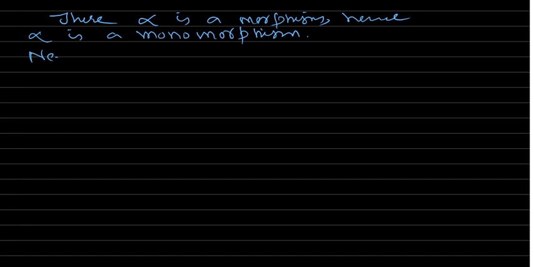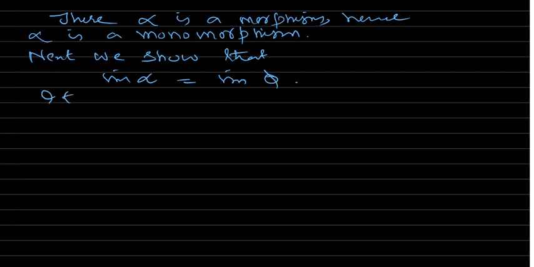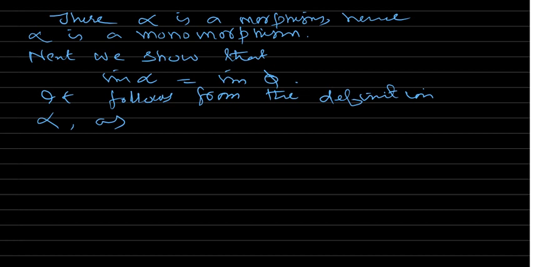Next we show that the image of alpha is equal to the image of phi. It follows from the definition of alpha, as x rho alpha is equal to x phi.